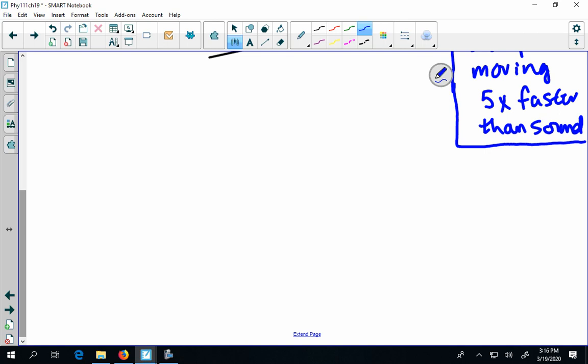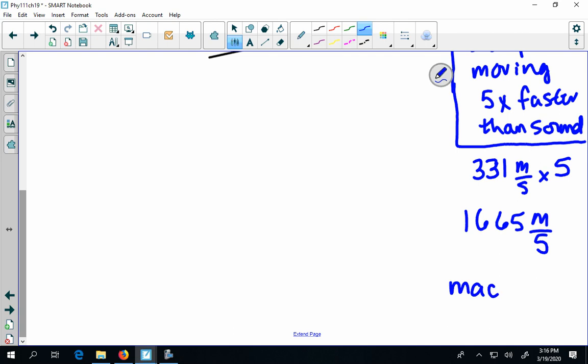So let's say sound is 331 meters per second. That gives about 1,655 meters per second for the plane. And that is called Mach 5. So Mach is like the speed of sound, and 5 means 5 times it. You probably heard that in films or television or something, I don't know.